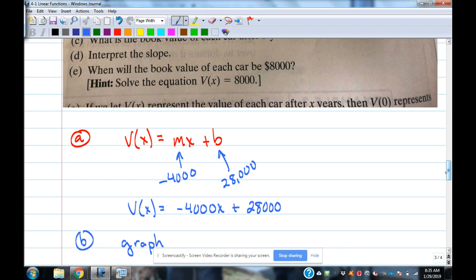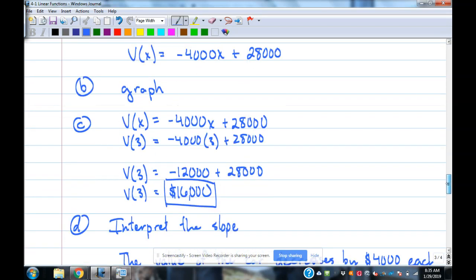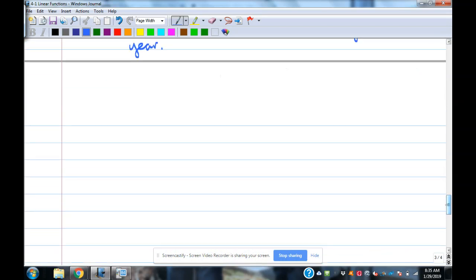E part of this particular problem. When will the book value of each car be $8,000? How do you know that? Mathematically, how do you come up with that? Logically, that's correct and works wonderfully.